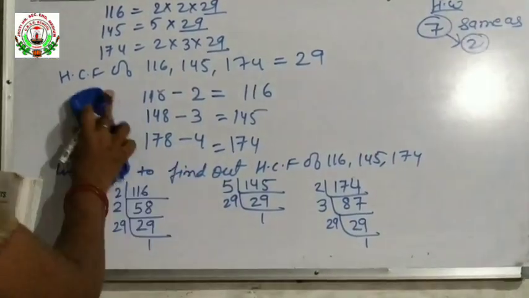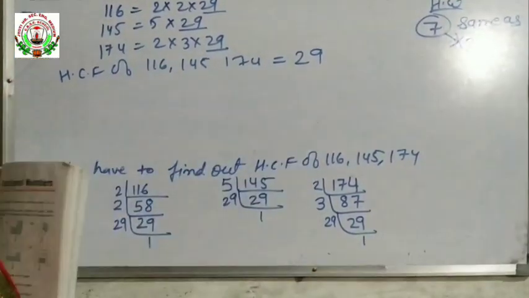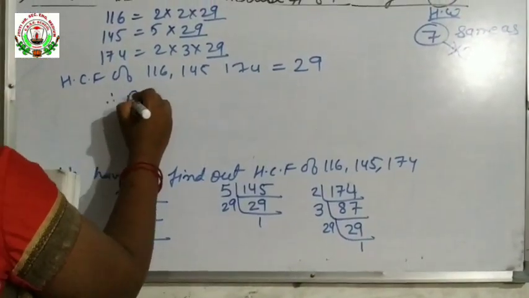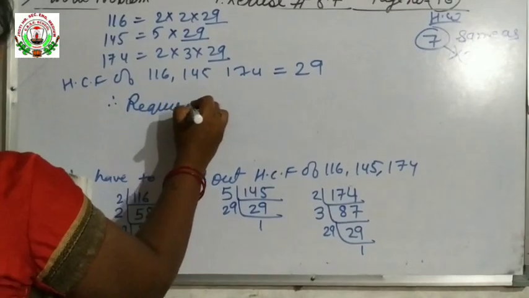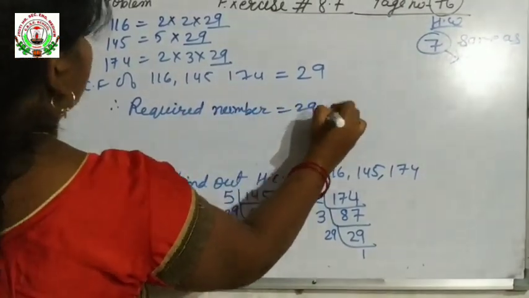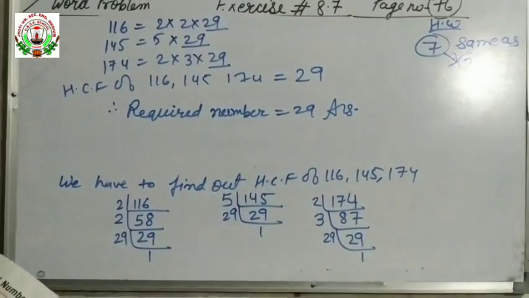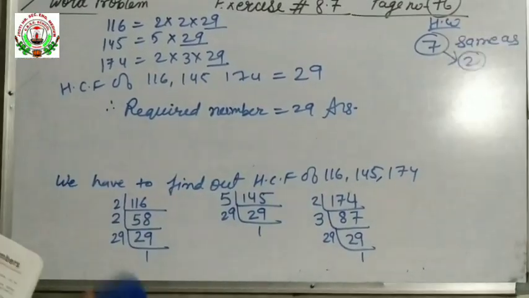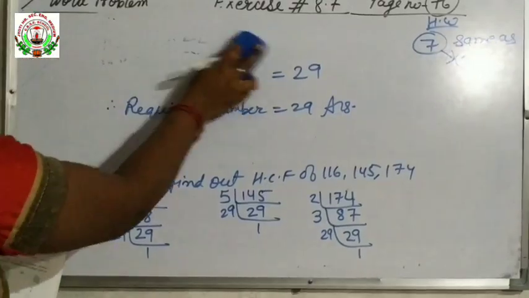Understood? So this is the highest number which is required in the question. Therefore the required number is 29. This is the answer of question number 8. Understood? Now next question we will try, that is question number 9.